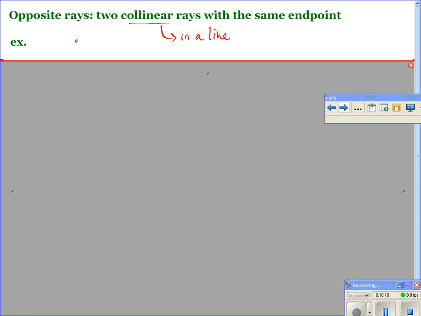I'm going to put them in two different colors. So we've got ray LX and ray LM. Those are opposite rays. They start in the same point. That endpoint is the same as L, and they point in opposite directions. So two opposite rays.